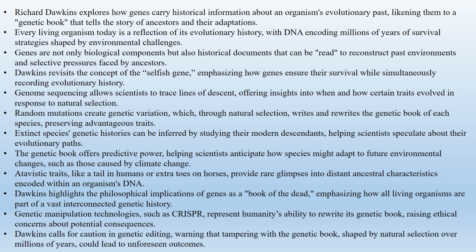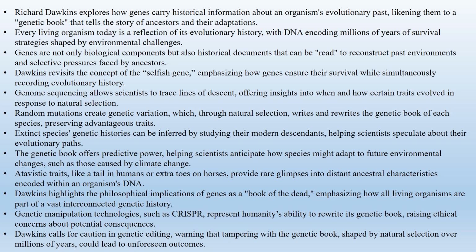The genetic information stored in an organism's DNA reveals how species have adapted to specific environmental challenges over millions of years, and by examining genetic sequences, scientists can infer much about the past ecological conditions that shaped them. In many ways, the Genetic Book of the Dead bridges evolutionary biology with historical reconstruction.